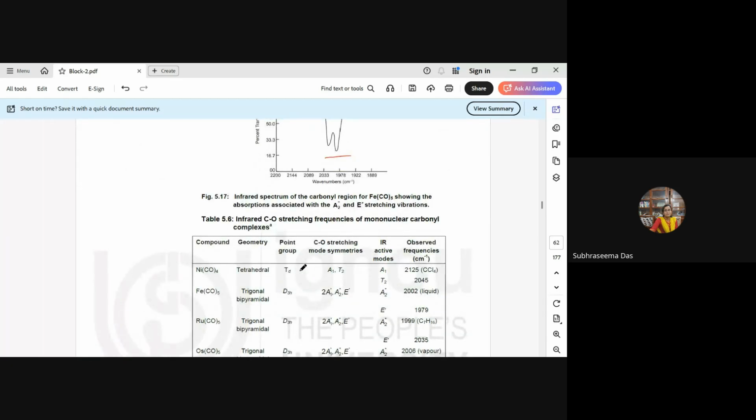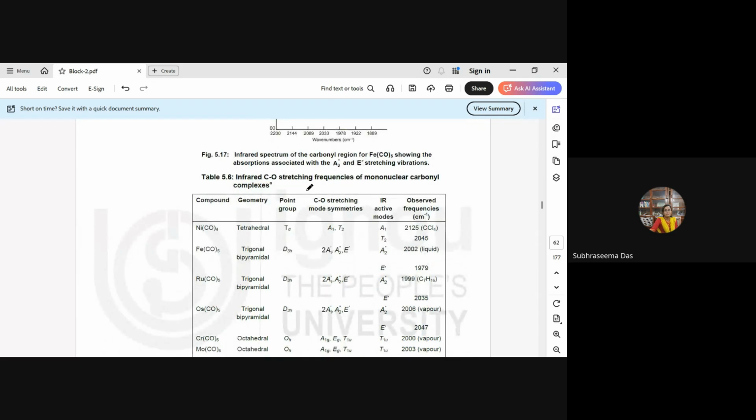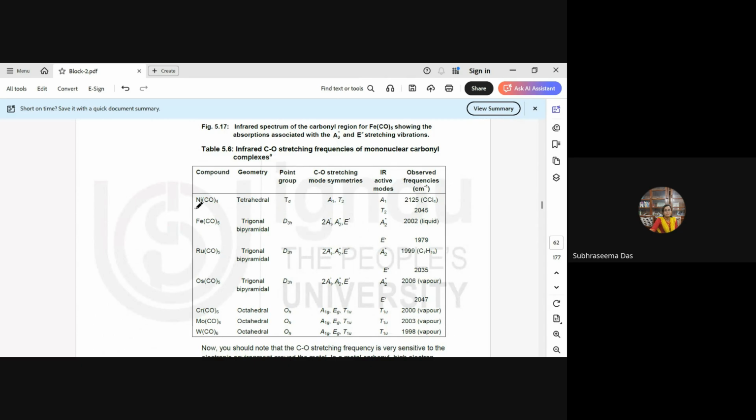Here in Table 5.6, we can see the infrared CO stretching frequencies of different types of mononuclear carbonyl complexes. When we have nickel tetracarbonyl, we know this is tetrahedral, and the point group here is Td. The IR active mode is A1, the CO stretching mode symmetry has been given here, and the observed frequency is 2125.